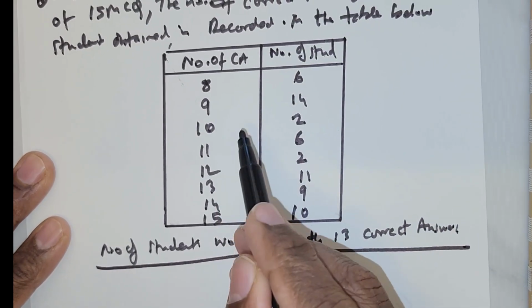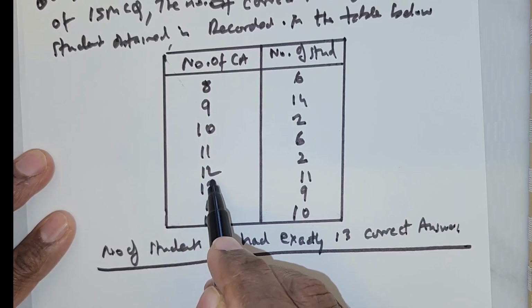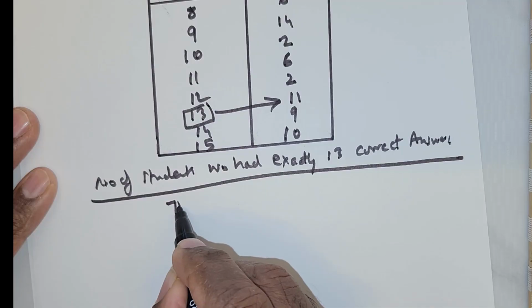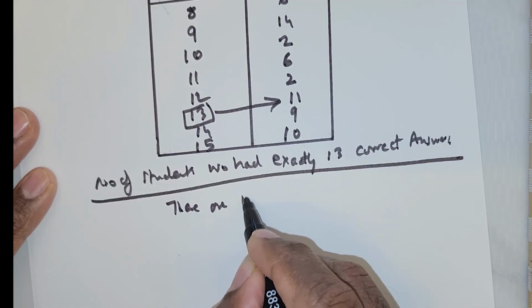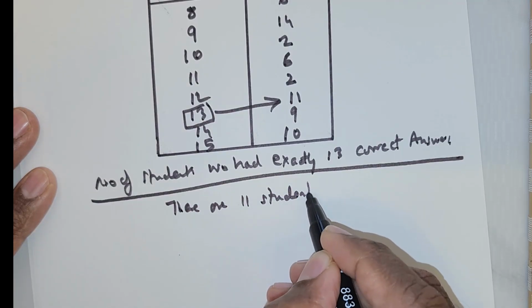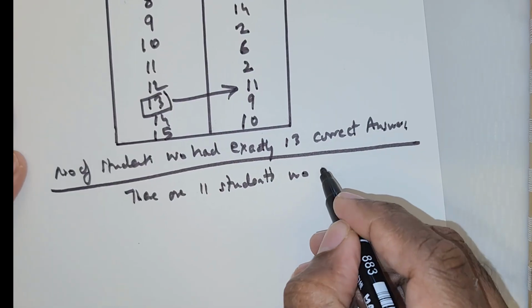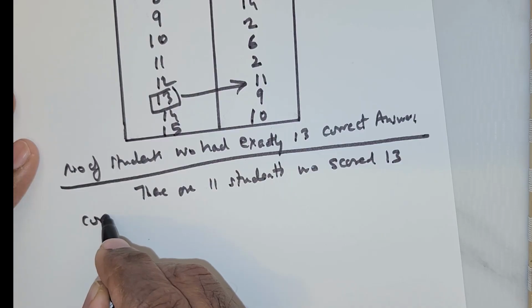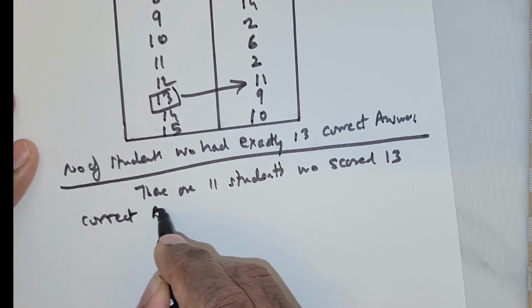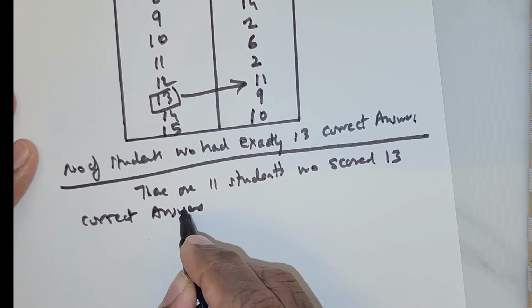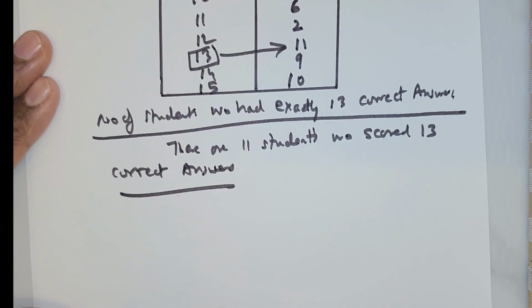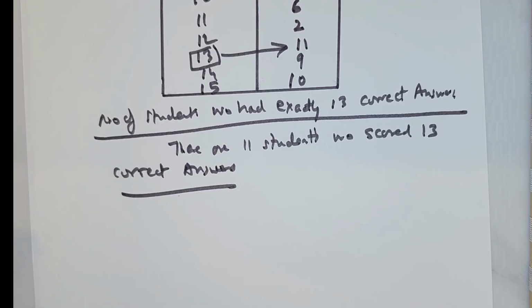Okay, so I'll go to the table and locate number of correct answers 13 and number of students. So you write that down. There are 11 students who scored 13 correct answers. It's a lovely question. Okay, to start off with, let's move on.